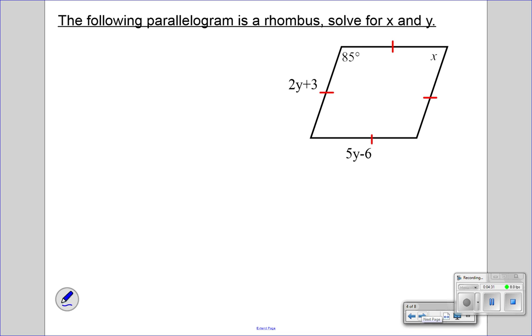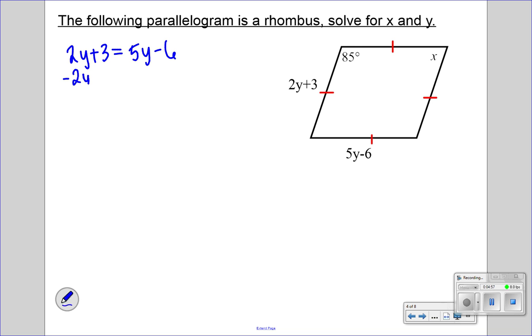So it says the following parallelogram is a rhombus, solve for x and y. Since we know this is a rhombus, we can use the properties of a rhombus and a parallelogram to solve. So let's solve for y first. Y is at the sides, and we know that the rhombus has congruent sides. So we can set 2y plus 3 equal to 5y minus 6.